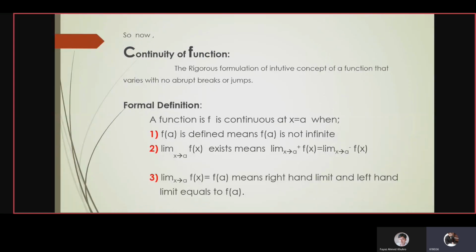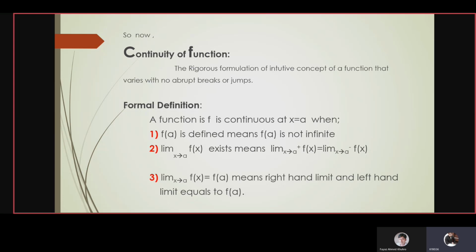Continuity of function is a rigorous formulation of the intuitive concept of a function that varies with no abrupt breaks or jumps. In simple words, it is a point where a continuous function occurs. The formal definition: a function is continuous at point x equal to a when three conditions are satisfied.